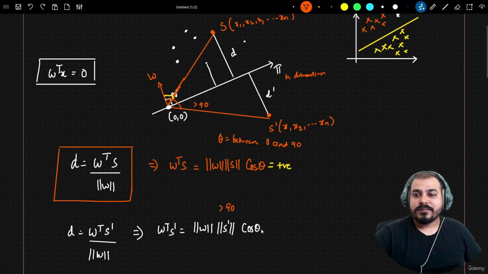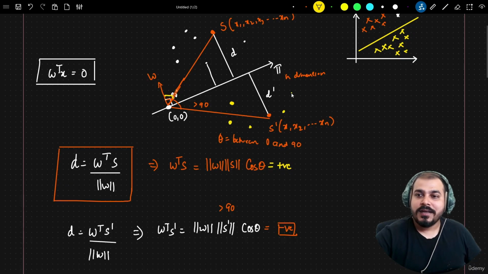Whenever the angle is greater than 90, I am going to get a negative number. So any point below this hyperplane, if we try to calculate the distance, will always be negative.